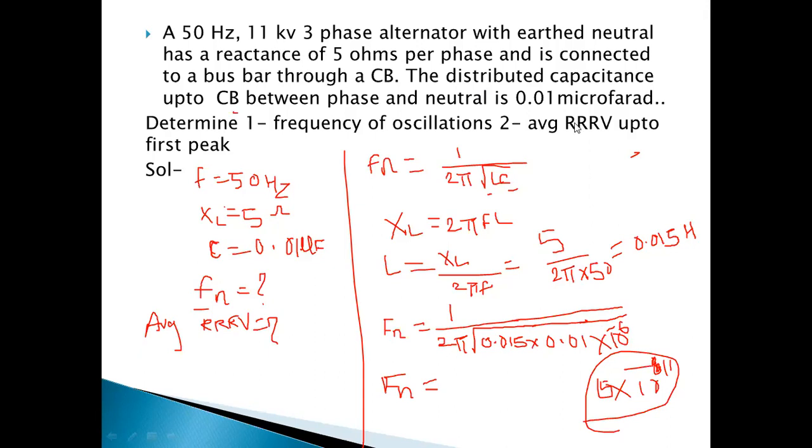Okay, I'll tell you how to solve the next point. That is the average RRRV up to the first peak. So for finding this average RRRV, there is again one formula.